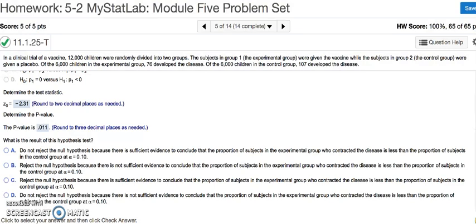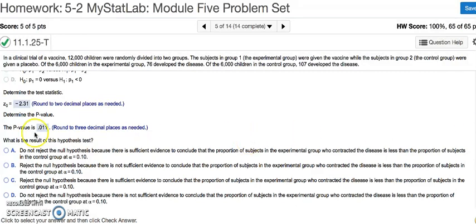So now what does that mean for us? Remember, we were given an alpha of 0.1. So in this case, our p-value is equal to 0.011, which is less than 0.1, which is our alpha. So in this case, we would reject the null hypothesis.